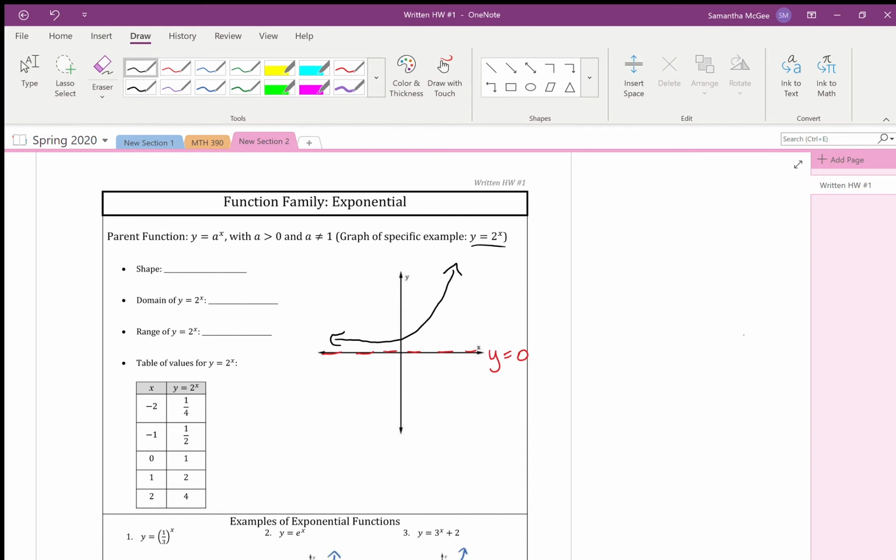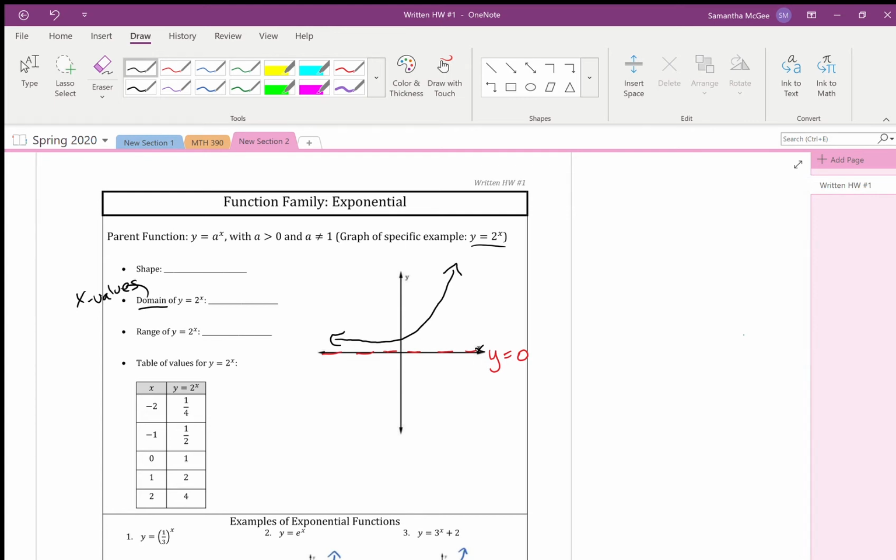That's not perfect, but it's good enough to find the domain and range. Remember, our domain is our x values, the inputs, which is the horizontal axis. Here's the x-axis. With interval notation, you're always going to write it from smallest to biggest.